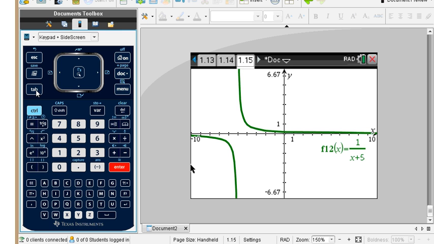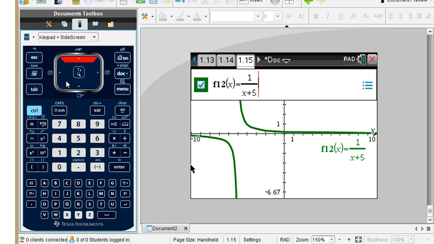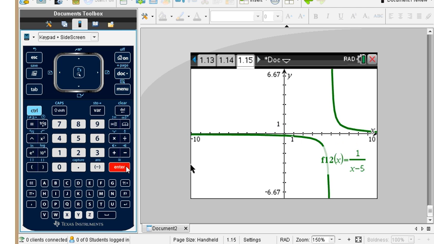If we go to tab here, and I change this to x minus 5 here in the denominator, we see a vertical asymptote at x equals 5.